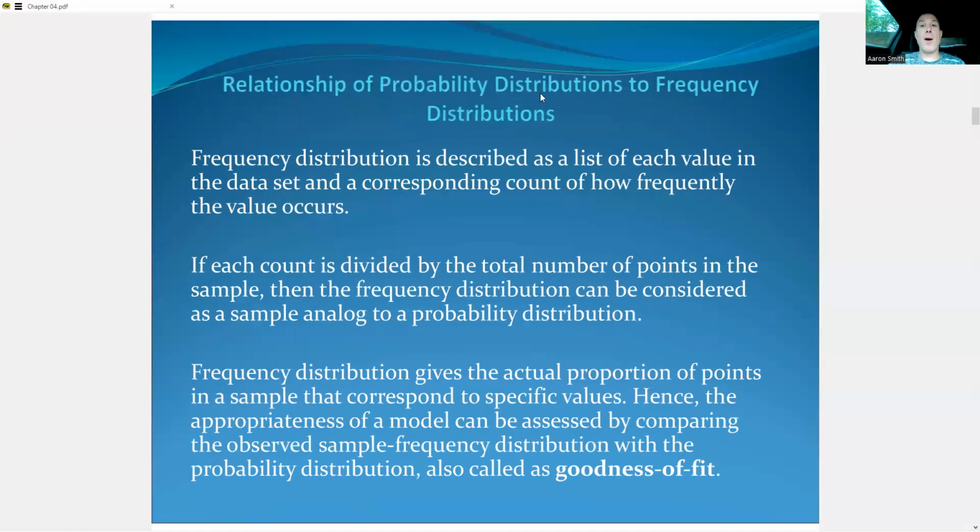Now, the relationship of probability distributions to frequency distributions. A frequency distribution is described as a list of each value in the data set and a corresponding count of how frequently we see the value in the data set. If we take each count and divide it by the total number of points in the sample, then the frequency distribution can be considered as a sample analog of a probability distribution.